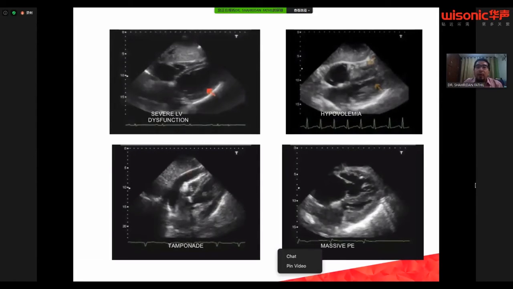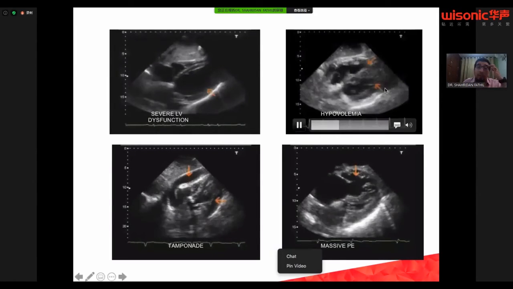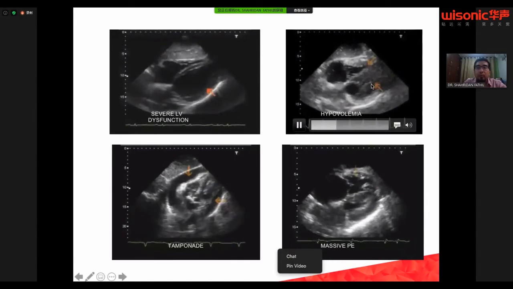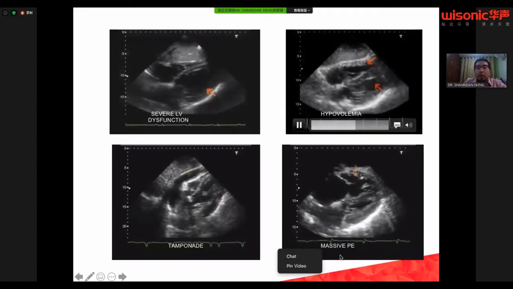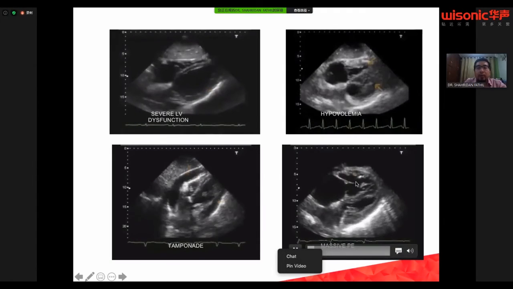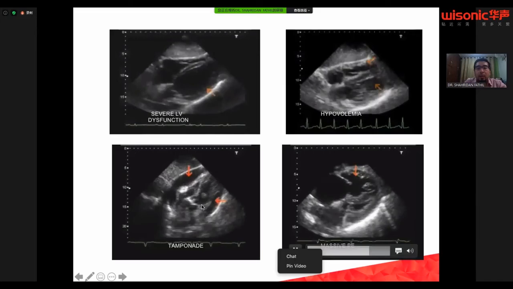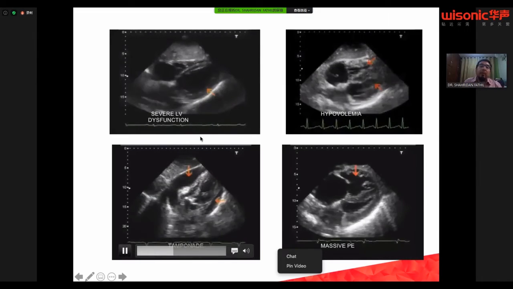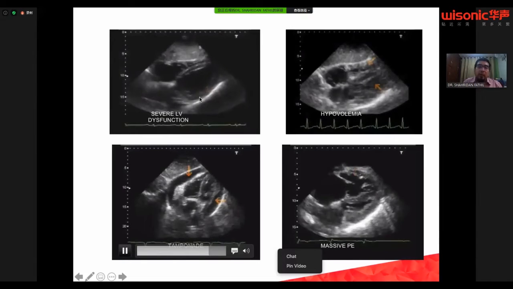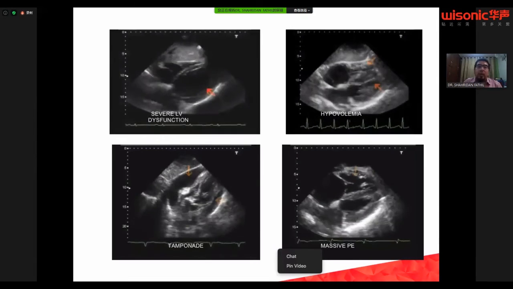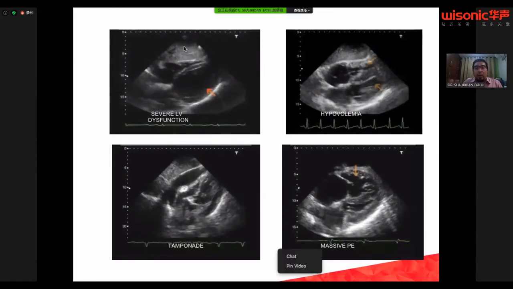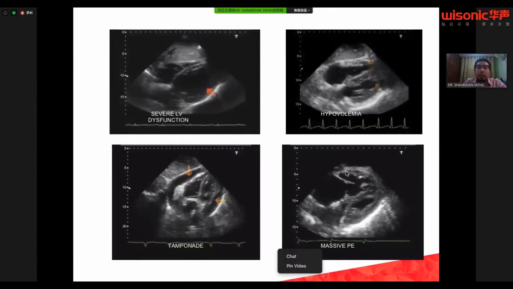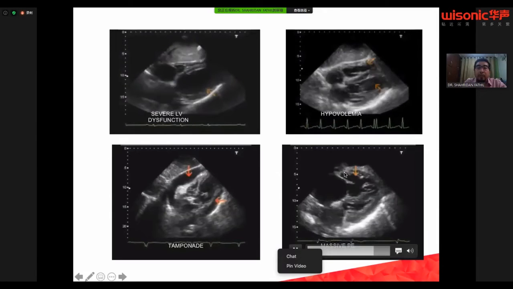Severe hypovolemia, basically hypercontractile heart chambers with small volume; or a massive PE, when you have the right side dilated; or effusion with tamponade physiology in this particular view; as well as severe left ventricle dysfunction. The focused echo is for us to diagnose these extremes. Where it's somewhere in between, it's probably best to refer to an echocardiography expert.